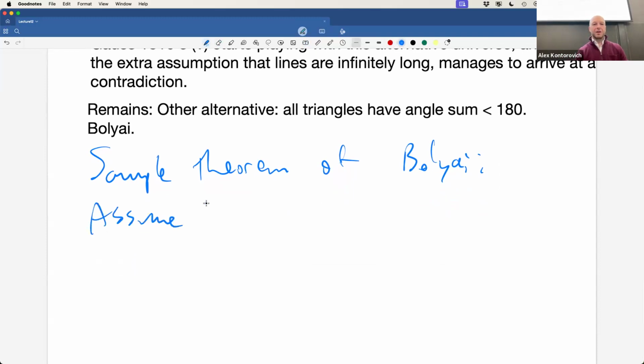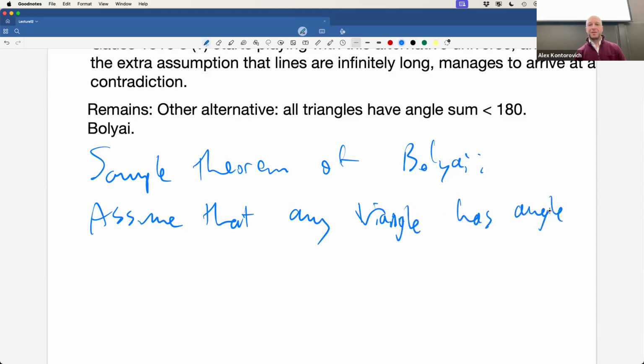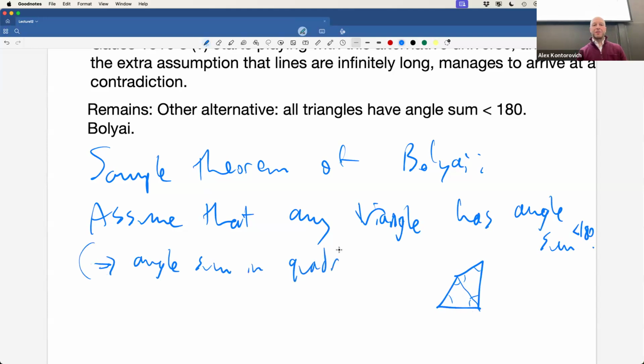Assume that any triangle has angle sum less than 180. In particular, that means any quadrilateral. What's the angle sum in a quadrilateral? If you have any quadrilateral, whatever it is, you can always break it up into a pair of triangles and the angles all add. This implies that the angle sum in any quadrilateral is less than 360.